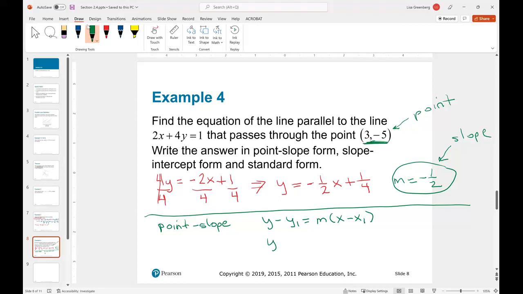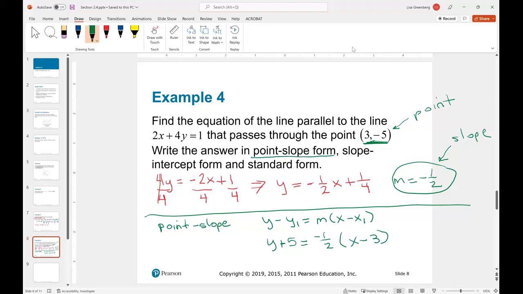This is the point that we're talking about. So I have y minus 5, which is really the same as plus 5, equals, and since it's supposed to be parallel, we use the same slope. And we have x minus x1, which is 3. So now I've done first point slope, okay?